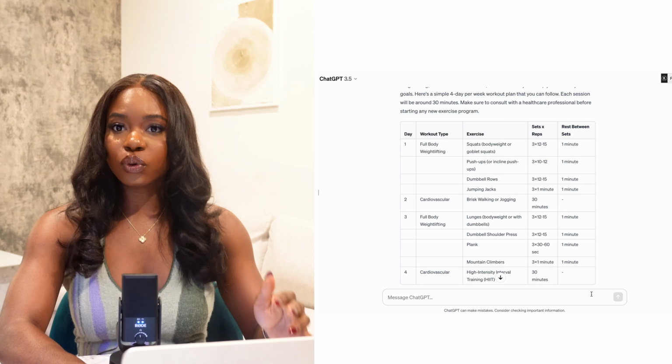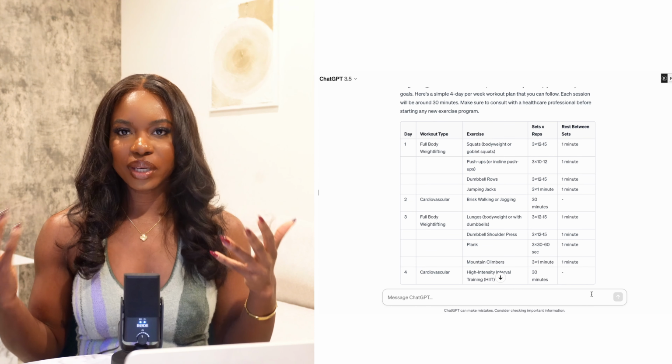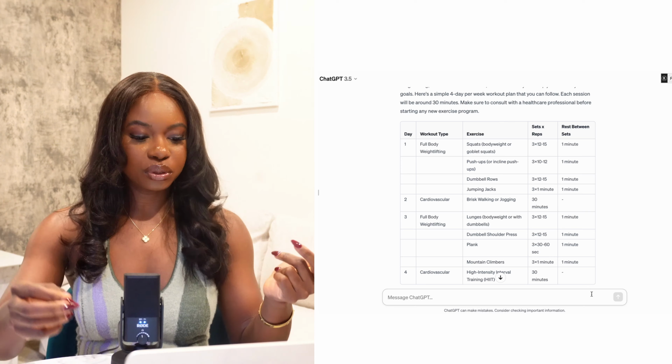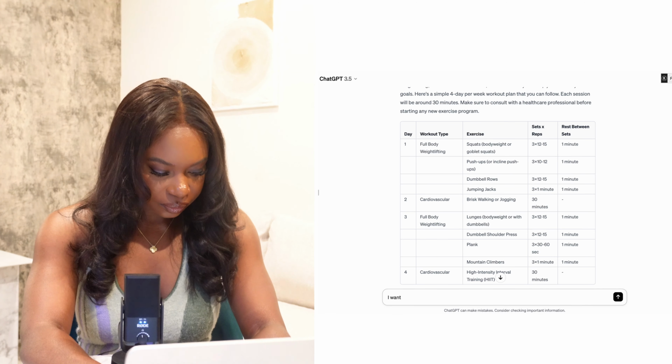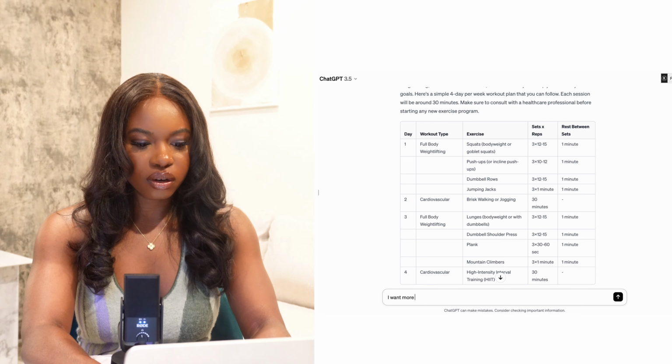So it's giving me some full body workouts. I think I want more muscle based things since I am trying to build some muscle. So I would say I want more of a focus.